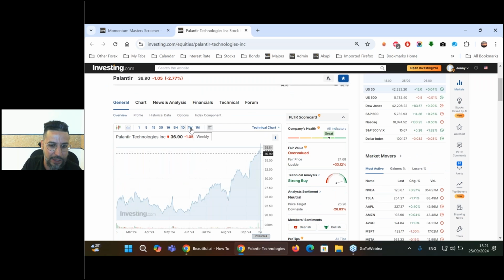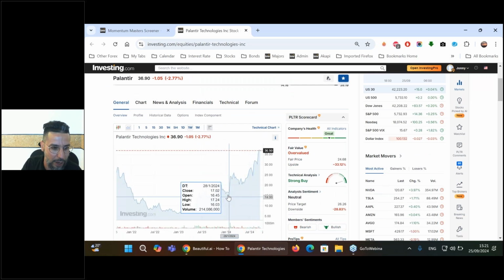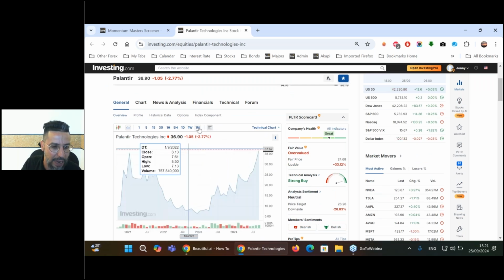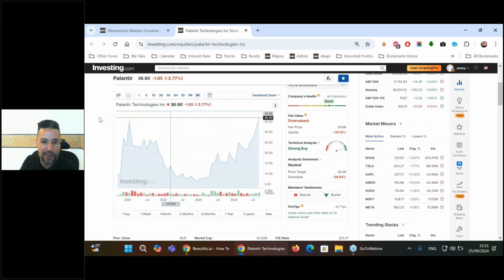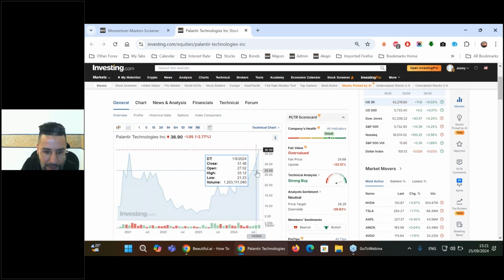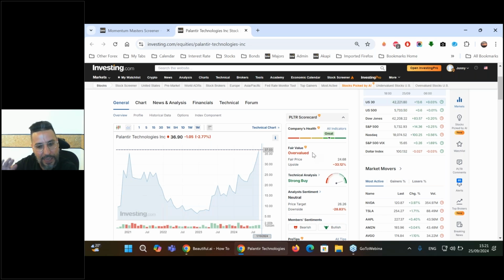Really, really rallying, breaking out to just below its all-time high of 45. It's currently trading at $37 this morning. And so, valuation metrics, obviously it's overvalued. Not going to lie about that. But with some of these momentum names, the valuation metrics you've got to take and put on the back burner.